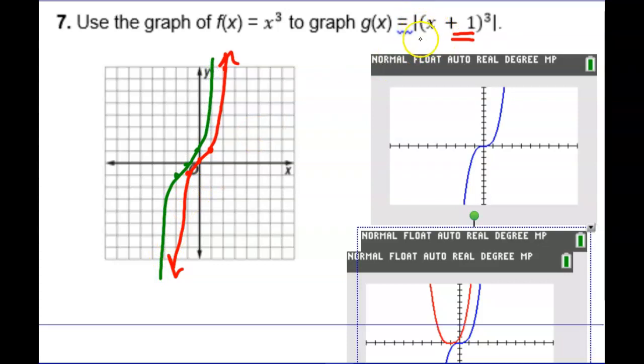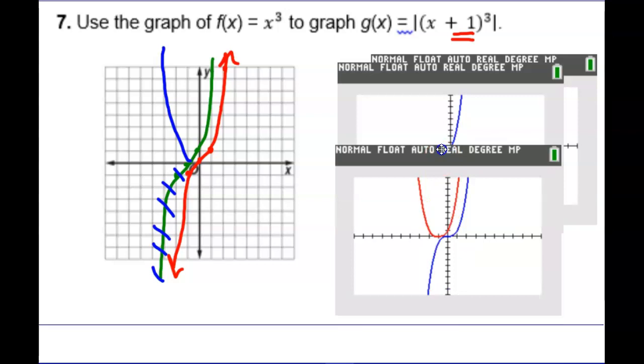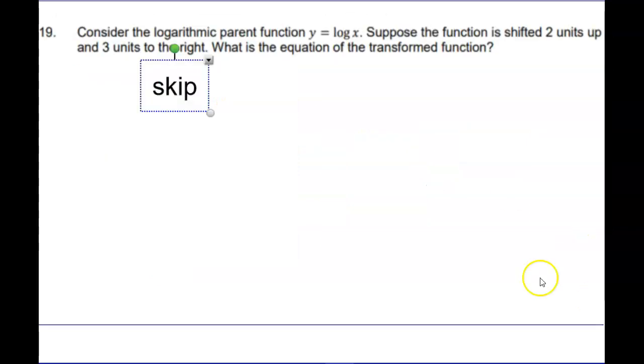Okay? And then if you threw these absolute values around at the end, because it's on the entire function, it would take this branch off down here and make all those values positive. I did a lousy job, but this is what it looks like on the calculator. Okay, this is left 1. And the red one is what happens when you put the absolute value around it. Okay. Do you not even have that in your notes? Okay. Little commercial break. There you go.